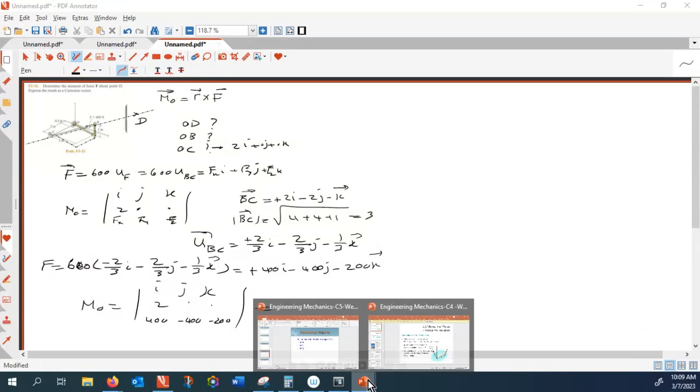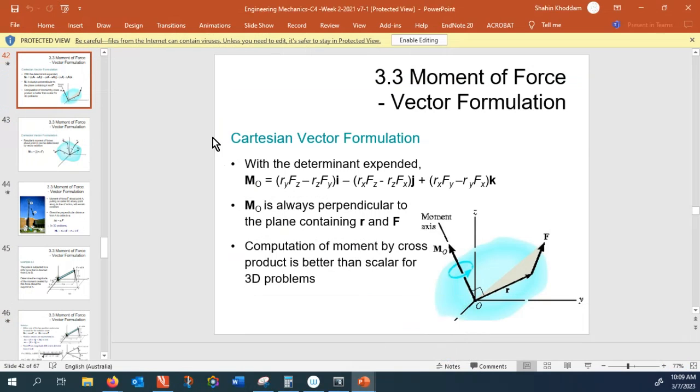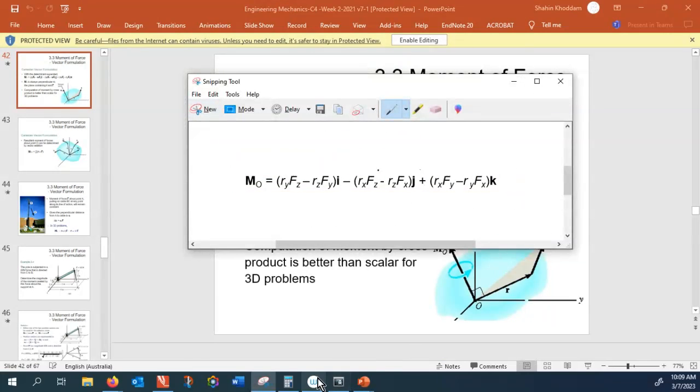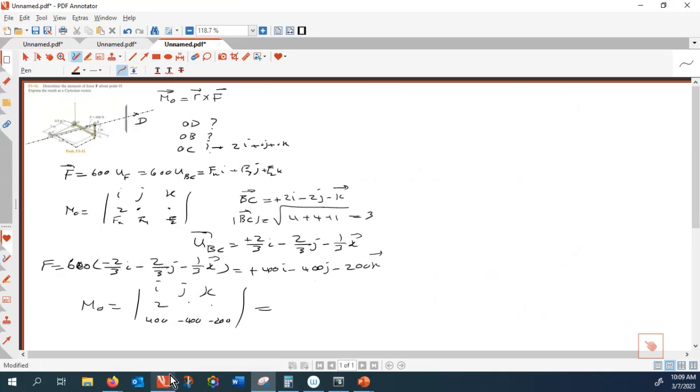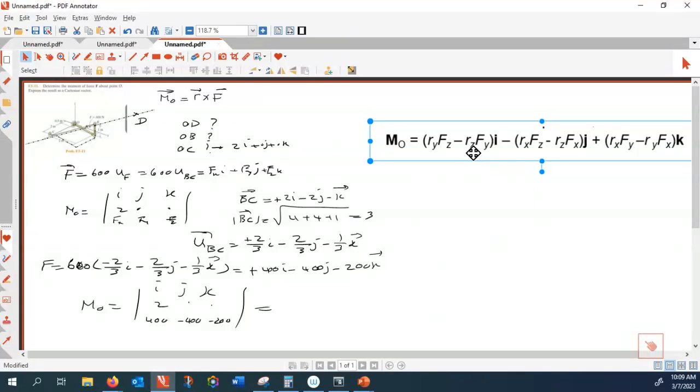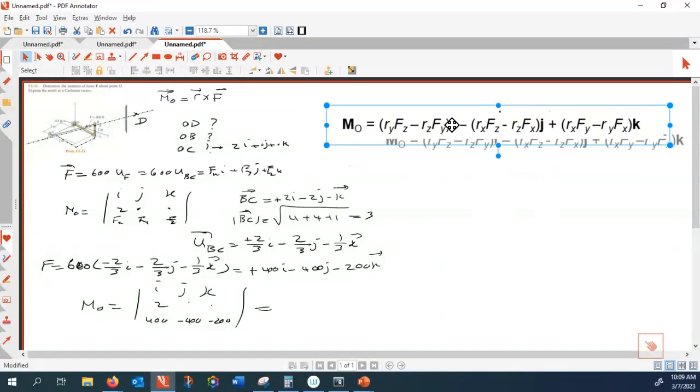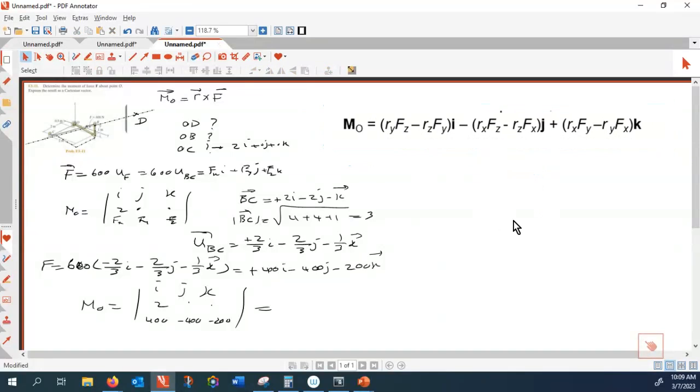All right. So because I'm lazy, I do this by the formula, not expanding the determinant. So I'm bringing this formula here. This is just plugging the numbers. That is M_O is equal to r_y F_z minus r_z F_y for the i component. What is r_y? That is 0, multiplied by F_z. F_z is minus 200.